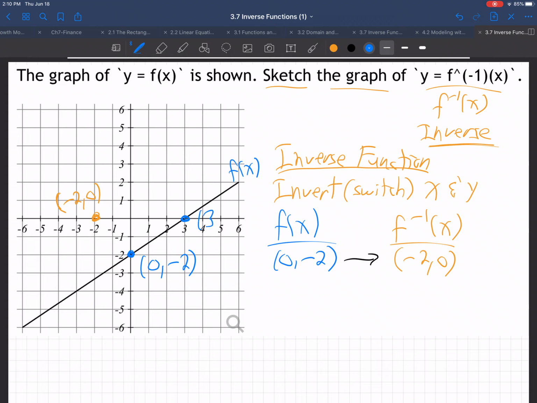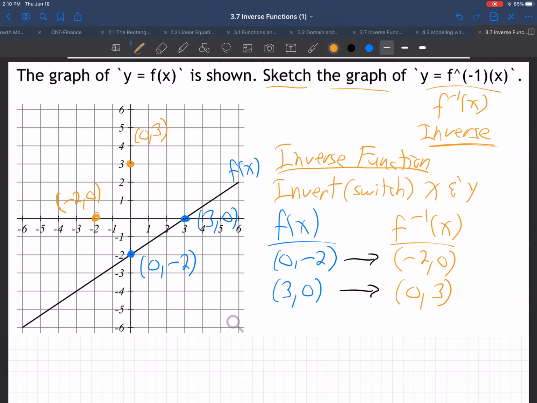So there's one, 3, 0. And what is that going to correspond with in the inverse function? You just switch the order, because that's what an inverse function means, an inverting of x and y. So that would be the point on the inverse function of 0, 3, which is right there.